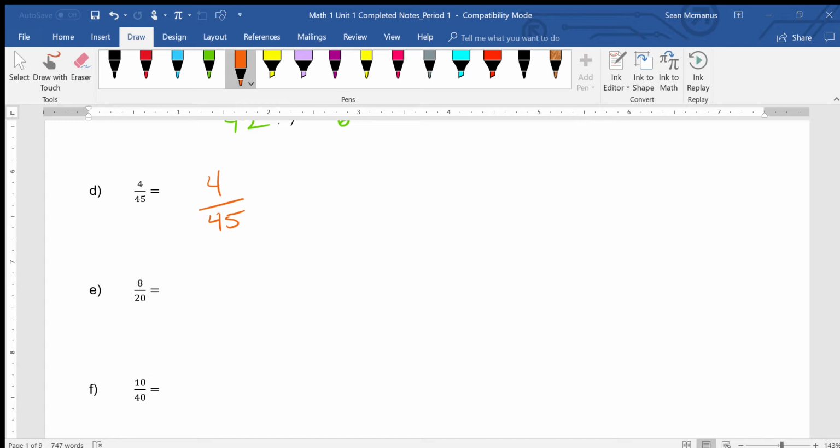So 4 over 45, there are no factors that go into both the number 4 and the number 45. So that one right there is already the most reduced you could possibly get.